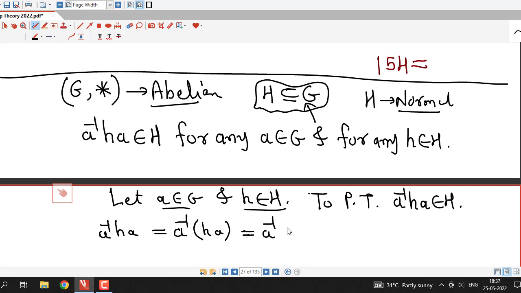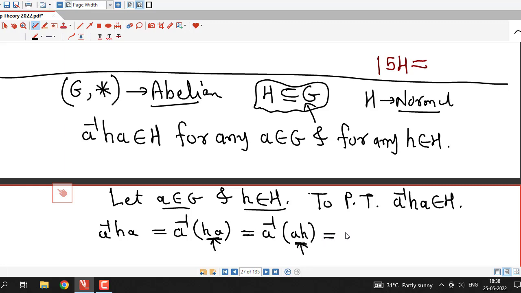So I can write h into A equal to A into h, because G is abelian and h and A are present in G. So here we are using the commutative property of group G.